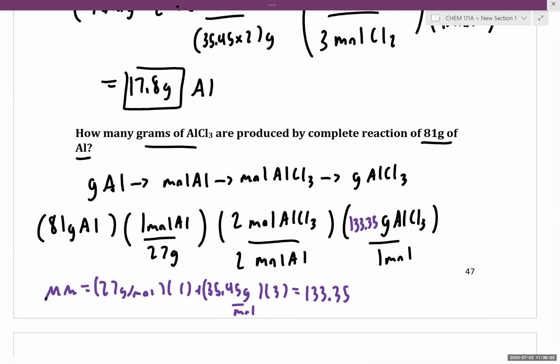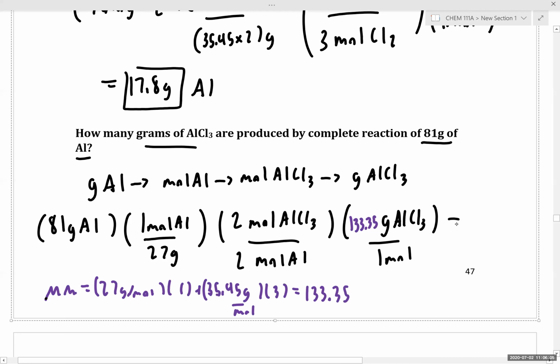So now let's punch this entire calculation into our calculator.